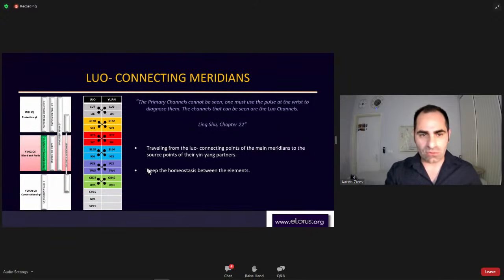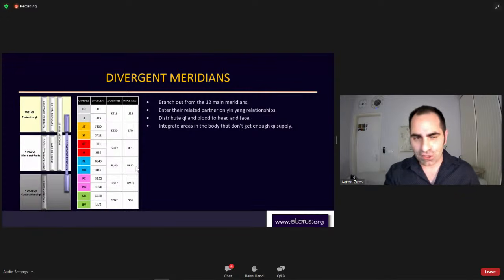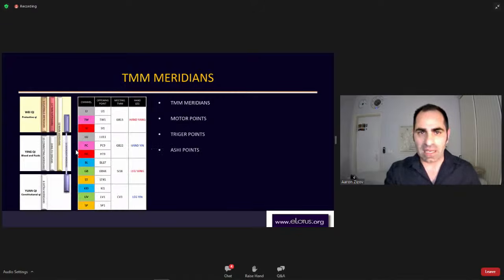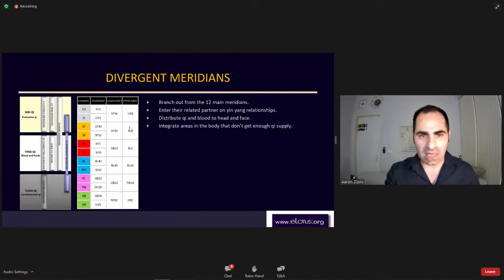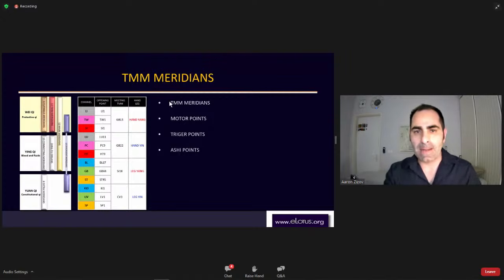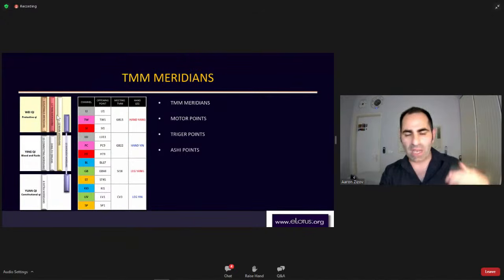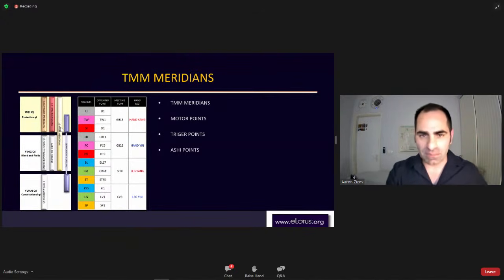We'll go into that also, and the divergent meridians, and how they are connected with the Yuan and the Wei Qi levels, and TMM meridians with the TMM points and TMM meeting points. I had here the lower meeting point and upper meeting point for the divergent, and again back to TMM. So we go up again with the levels from Yuan to Ying and Wei. So we cover all these meridians.